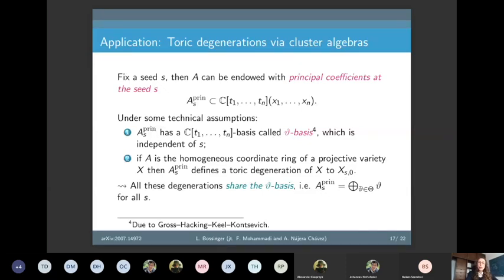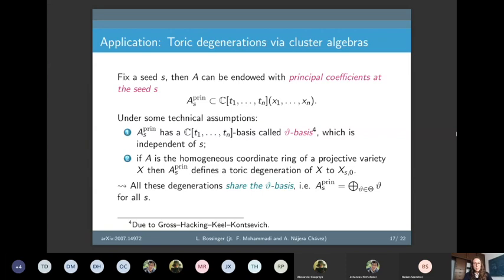The only difference is, depending on whether I am at the principal coefficient algebra or the algebra A itself, that I have coefficients in either polynomial rings or just complex numbers, and the multiplicative structure also changes. So A itself in particular has the theta basis as a C basis, and all these algebras A^prin_S have the theta basis as a C[t_1,...,t_n] basis. And the only difference is the multiplicative structure.